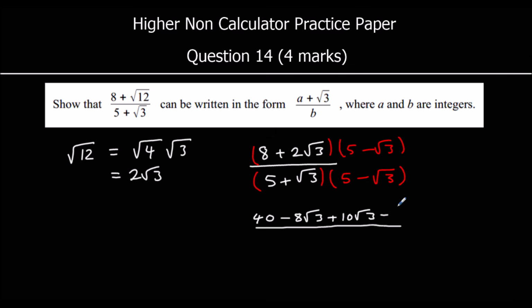So we've got 2 3s, which are 6. And on the bottom, 5 5s are 25. 5 times a negative root 3 is minus 5 root 3. Root 3 times 5 is 5 root 3. That's why it gets rid of the root 3s, because we've got a plus and a minus, which adds up to 0. And root 3 times negative root 3 is 3.